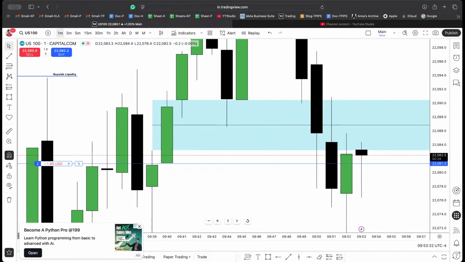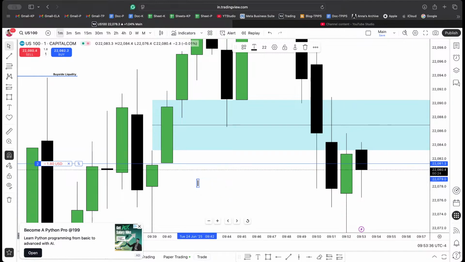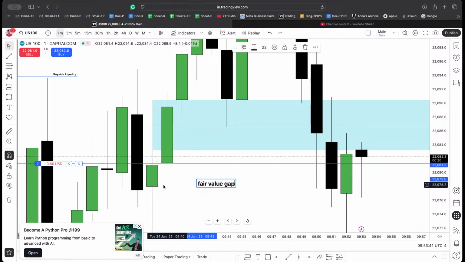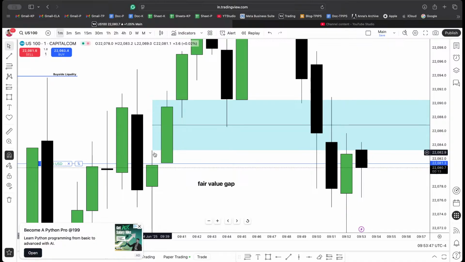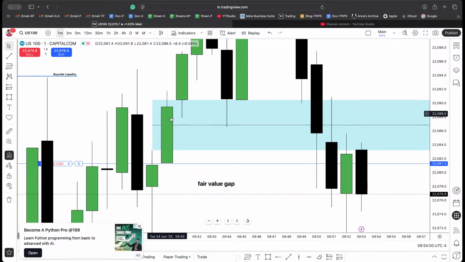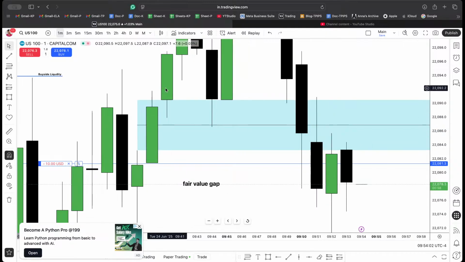Let's talk about fair value gaps. A fair value gap is made up of three candles, all right. So the first candle, which is this one, can be a bullish or a bearish candle, and there is the middle candle, and there is the third one.